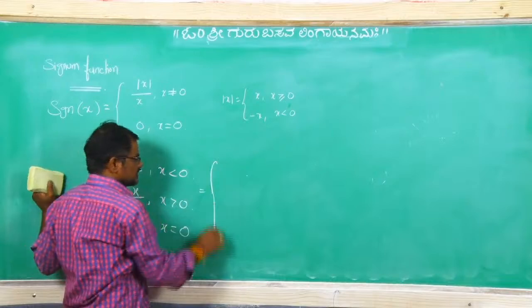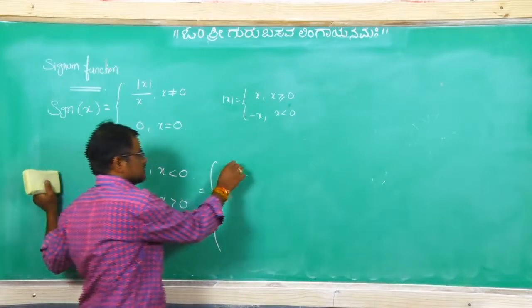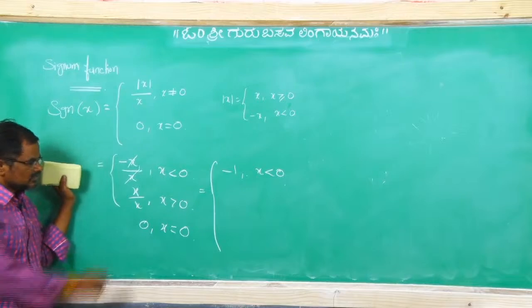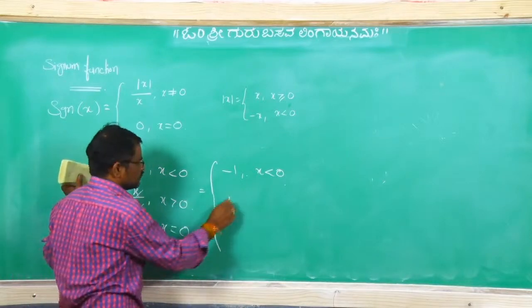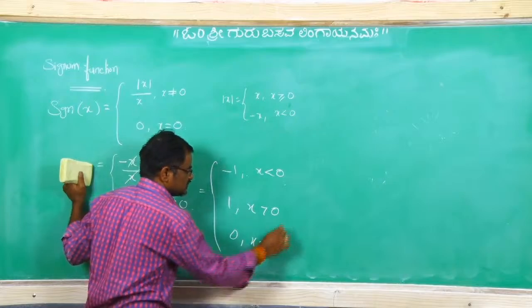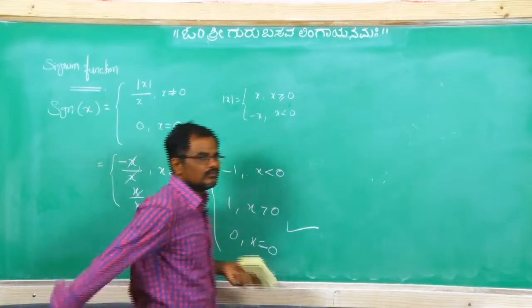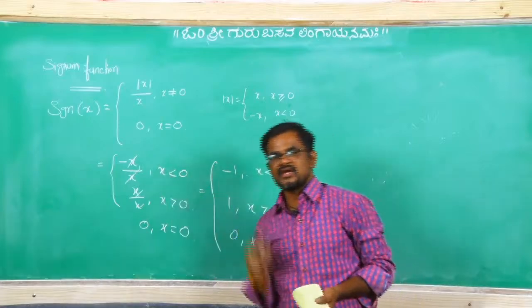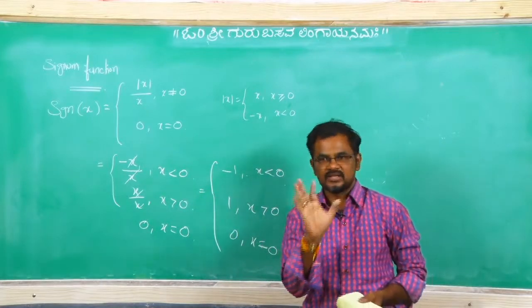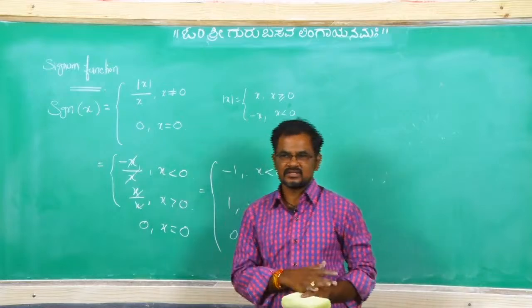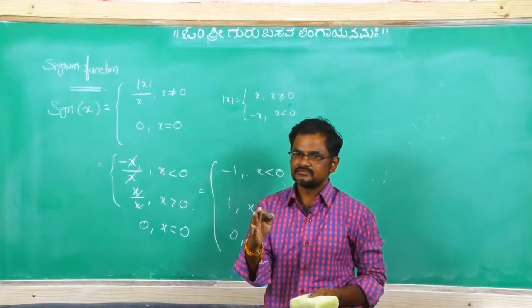Also you can write it as minus 1 for x less than 0, 1 whenever x greater than 0, 0 whenever x equal to 0. This is exactly our Signum function. For positive values you take 1, for negative values you take minus 1, and for 0, 0.